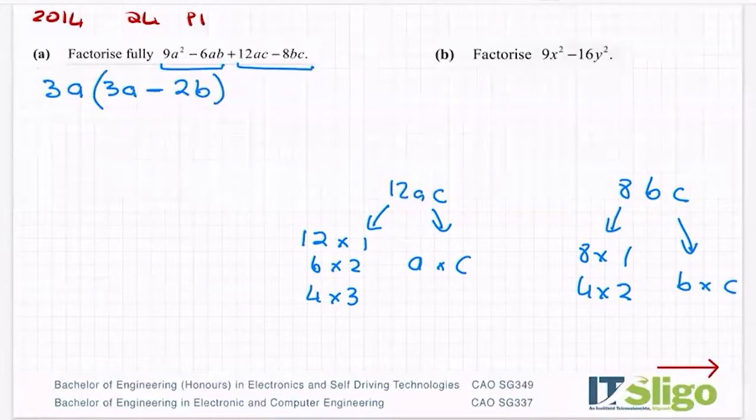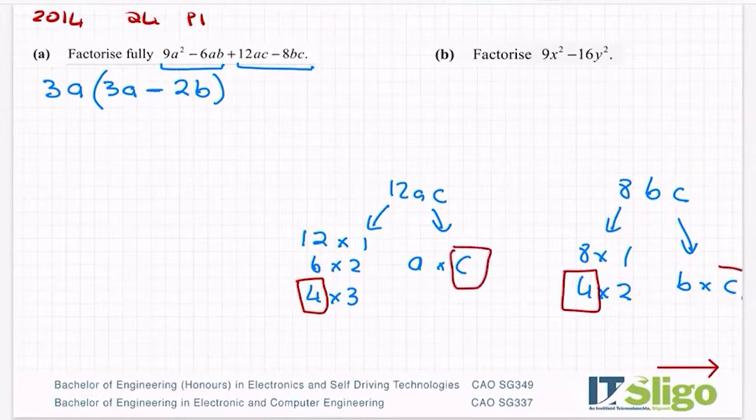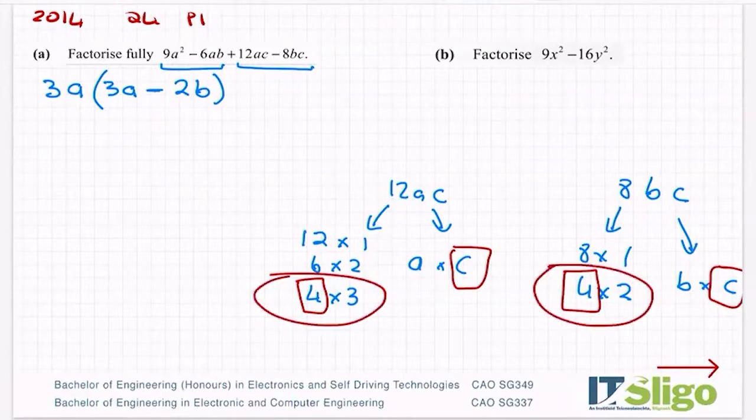Well, the highest number, 2 is definitely common, but 4 is the highest one. Okay, and then the letter, well, they have a C in common. Okay, so that's how I know that it's this pair of factors I take. I don't look at 12 and 1 and 6 and 2. I look at which pair had the highest common factor.